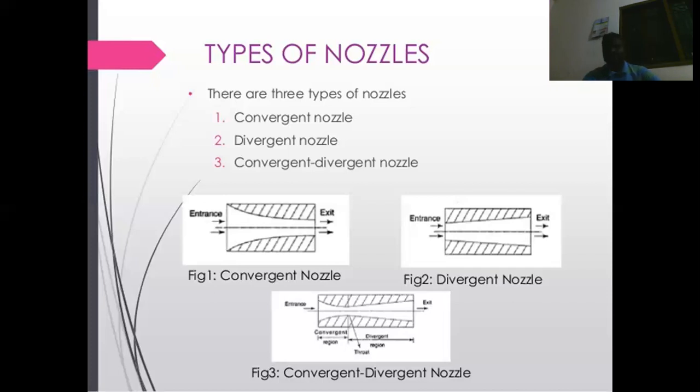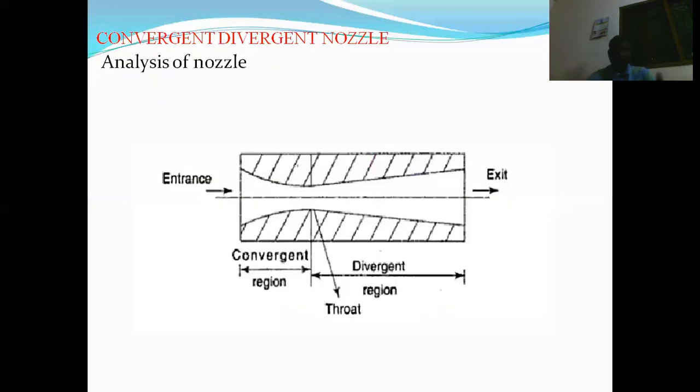These are the three main types of nozzles. But among the three types, in major industry applications, steam turbines use the convergent divergent nozzle only. So I am very interested in discussing the convergent divergent nozzle. Steam turbines use the convergent divergent nozzle.